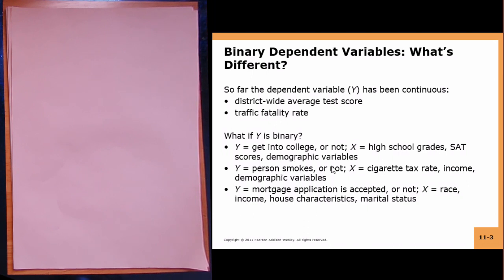Here, either they smoke or they do not. Here, you may get into college or not. As you can see, in each of these cases, the y variable is binary. There is nothing like half getting into college, or half smoking, or half a mortgage application being accepted.